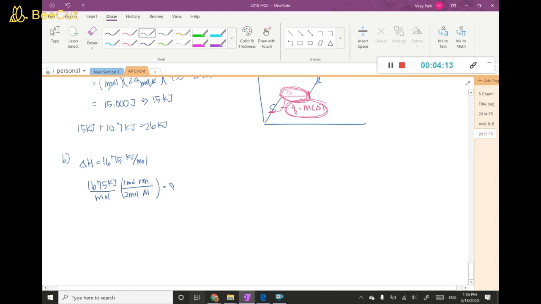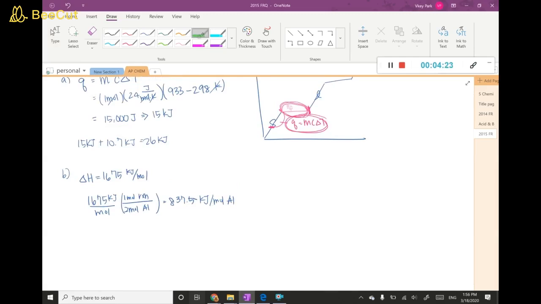And based on this, I end up with 837.5 kilojoules per mole of aluminum. So which one is less? Is 26 less than 837.5, or is it greater than? It's less. So because it's less, recycling requires less energy. Okie dokies? Super easy, right?